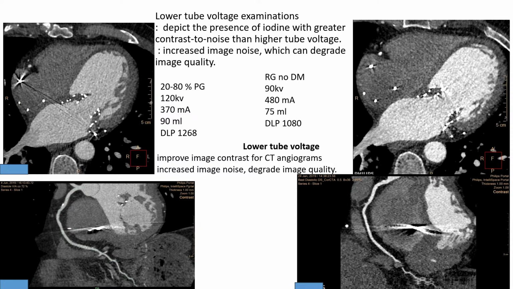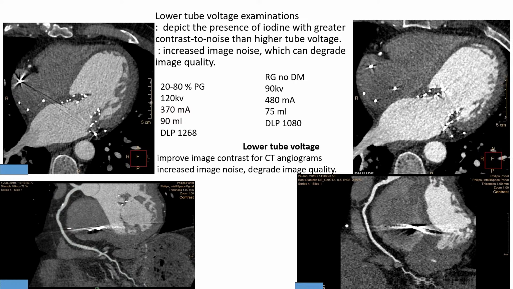Just like here, you have more contrast. It's brighter, but you don't see as well the border between tissue of different Hounsfield unit. This is the same patient image at 120 kV versus 110 kV.